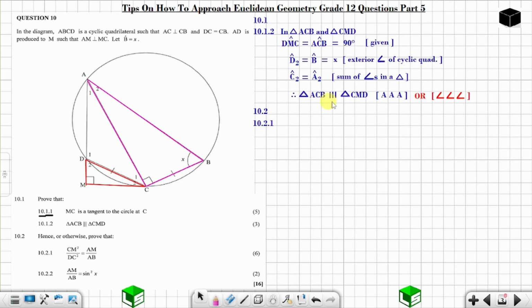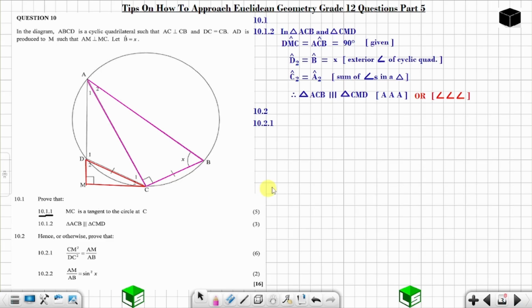You can see from the previous question, this is proven. This triangle CMD is similar to triangle ACB. We can use this to create the proportionality equation.